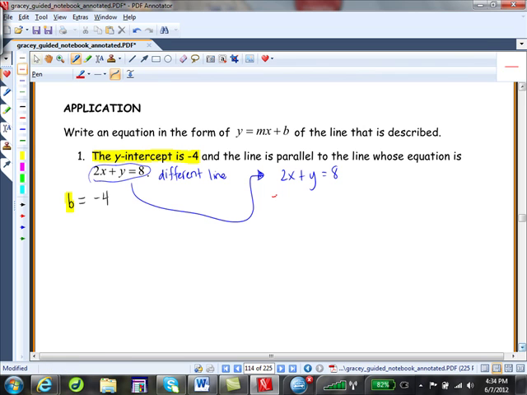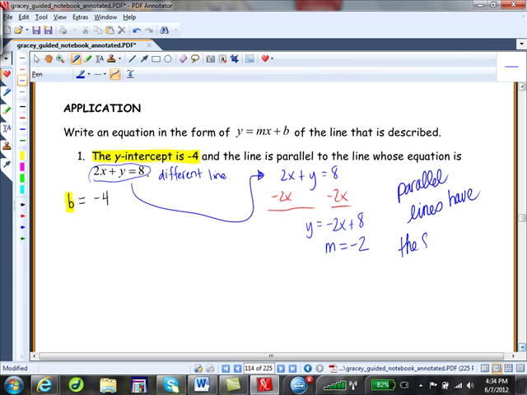So do you see that if we subtract 2x from both sides, we will get y equals -2x plus 8. So the slope for this line is -2. Right? So parallel lines have the same slope. So we are going to use what value for our slope in our line?